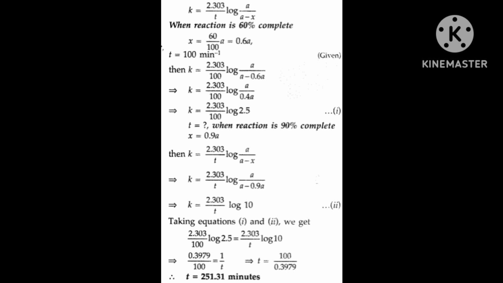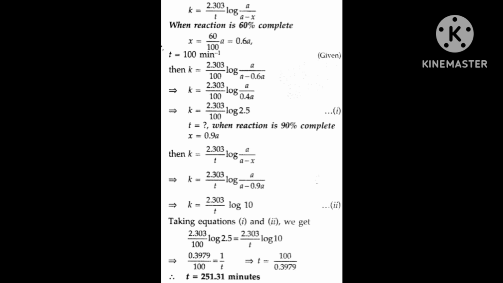It gives a straight line, and this graph will give the intercept, meaning ln r0, the initial concentration value, you can get it. And from this second graph, ln r0 upon r versus time, you will get only the slope, not the intercept. The slope will be equal to k divided by 2.303.